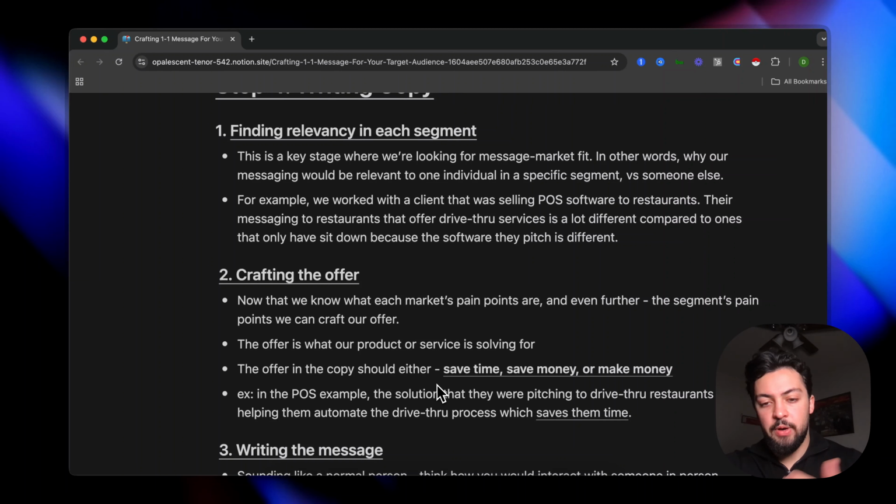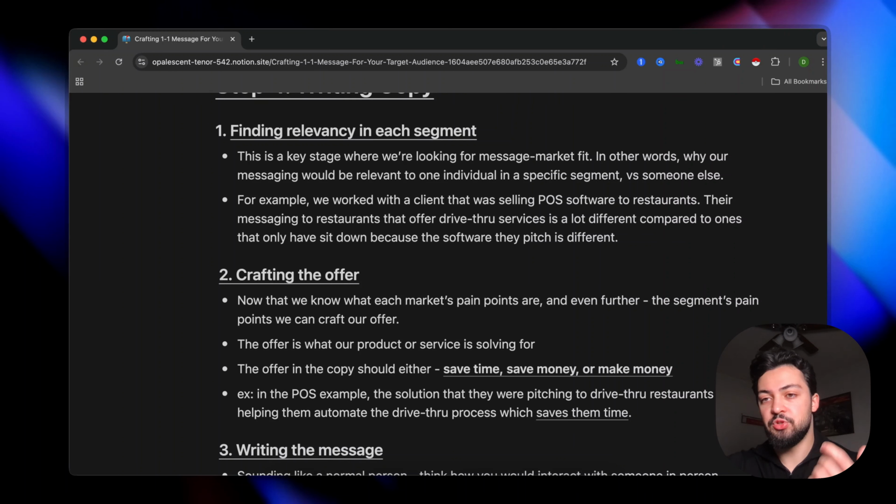So as an example, the POS company example. When we're selling to drive-through restaurants, ultimately the differentiator between the POS company I was working with versus other ones is they were not geared towards drive-through, right? Versus the one I was working with is. So when we're talking to the drive-through restaurant owners, maybe the head chef or the founder, whatever may be the persona, we're actually pitching our POS system that's geared towards drive-throughs, and what it does is actually saves them time, right?